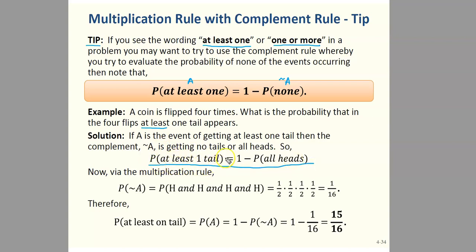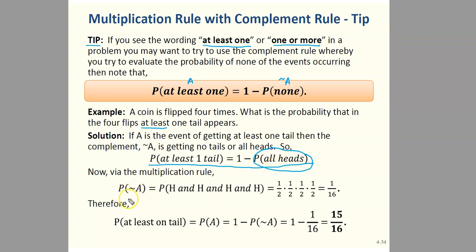So this is what we want to find, the probability of getting at least one tail in the 4 flips. So that's going to be 1 minus the probability of getting all heads in the 4 flips. Now we just need to calculate this. As we'll see, this is fairly easy to calculate, and then we'll have our answer.